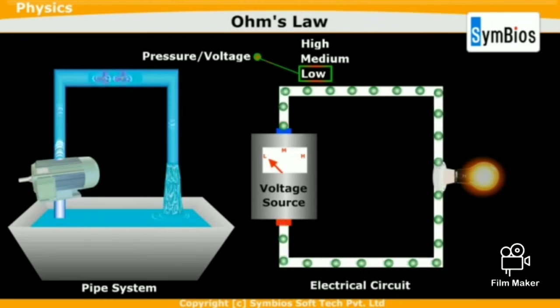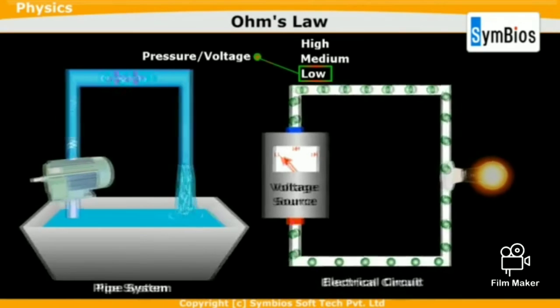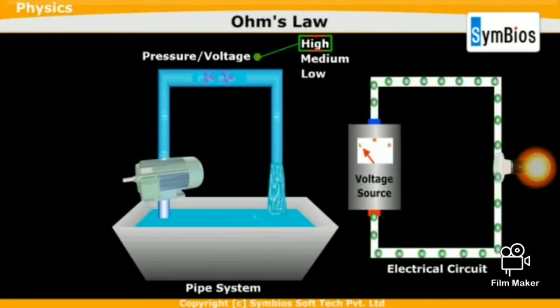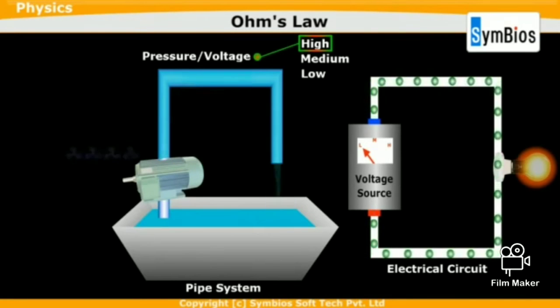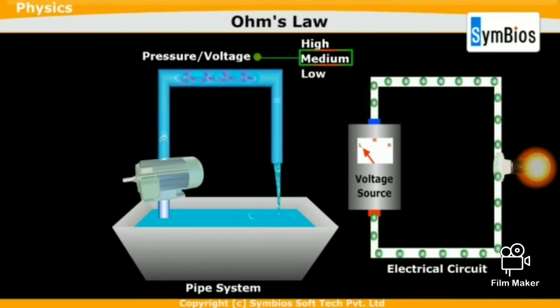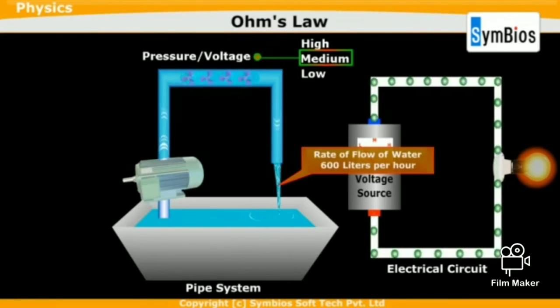Now we will understand how the electric current in a conductor is inversely proportional to the resistance using the same analogy of the pipe system. For this, we will fix 2 or more turbines of the same size in the pipe system, keeping the pressure of the pump constant. You will see that addition of a turbine decreases the rate of the flow of water.